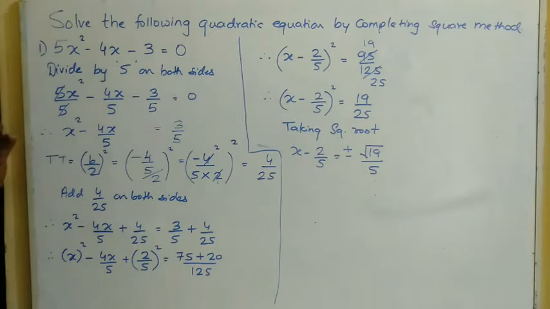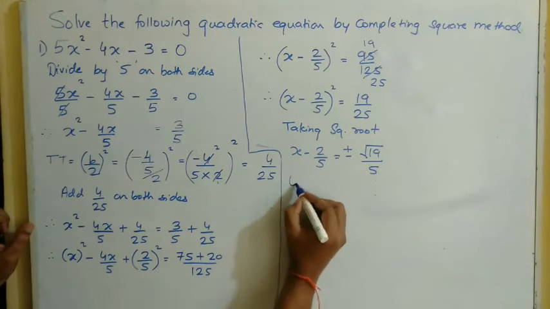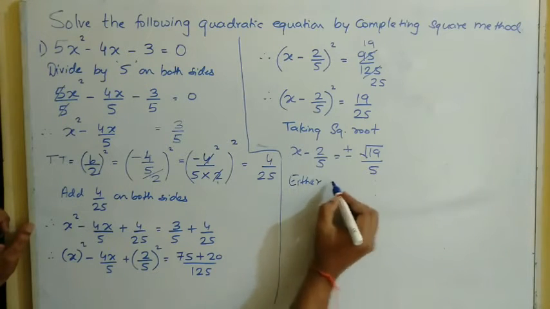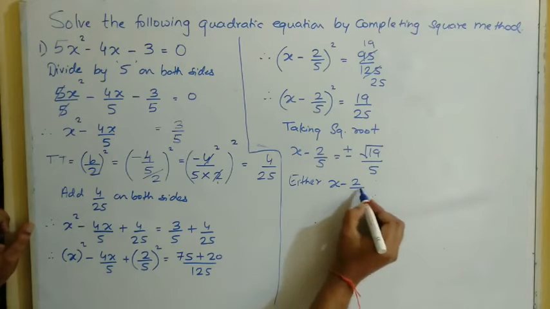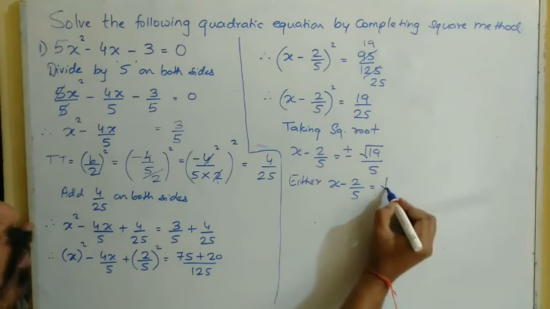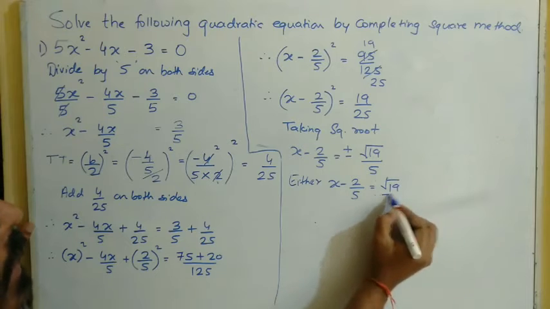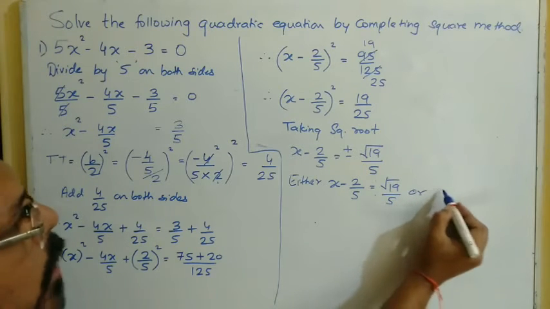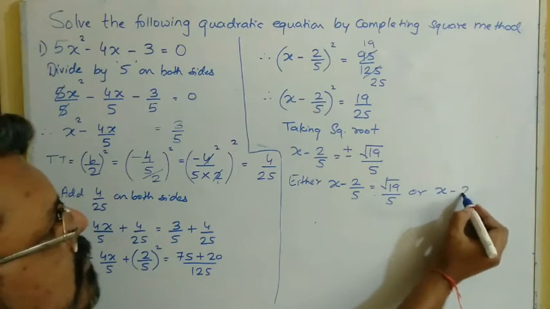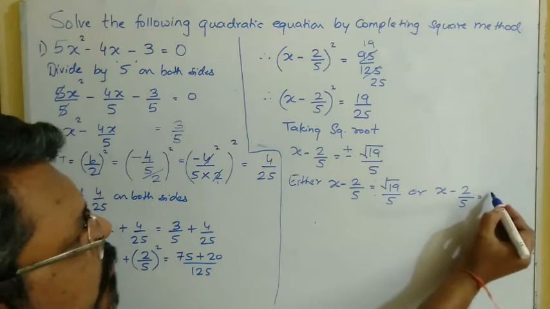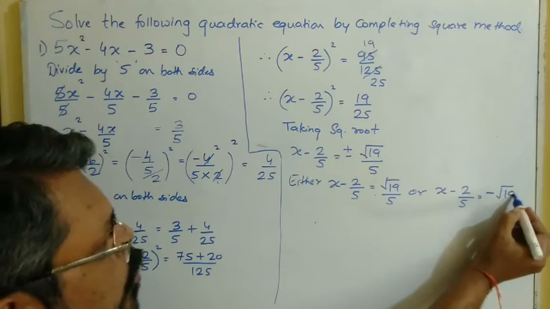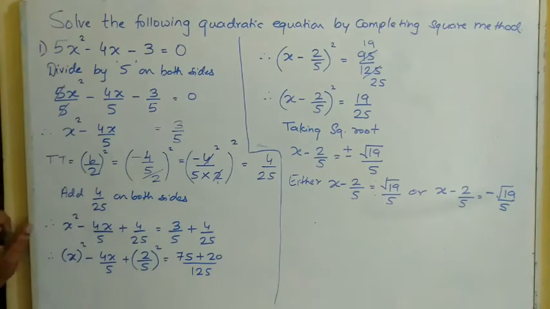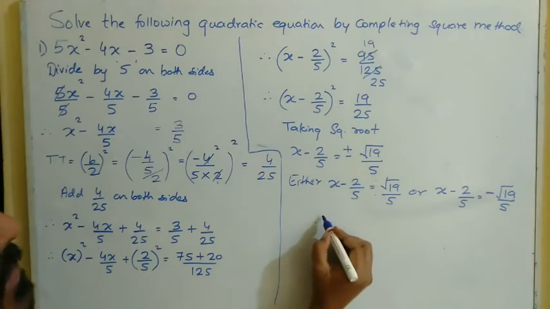Now I have either (x minus 2)/5 equals root 19 upon 5, or (x minus 2)/5 equals minus root 19 upon 5. So I will solve this first.